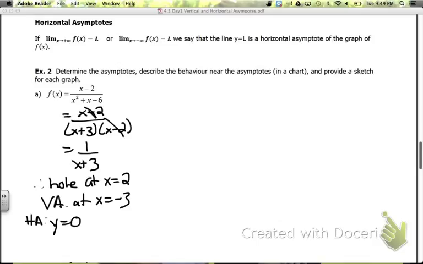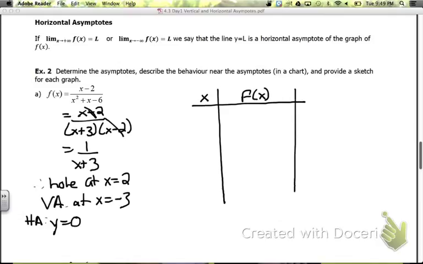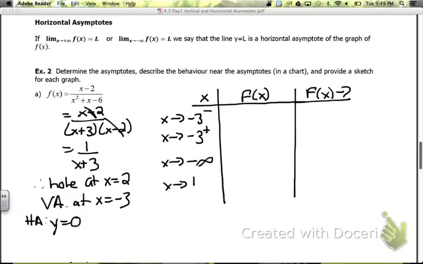Now we're going to look at our behaviors near our asymptotes. We're going to look at what our function is approaching as x approaches negative 3 from the negative side, from the positive side, and also as x approaches negative infinity and positive infinity.